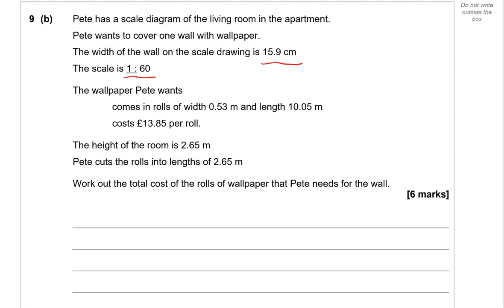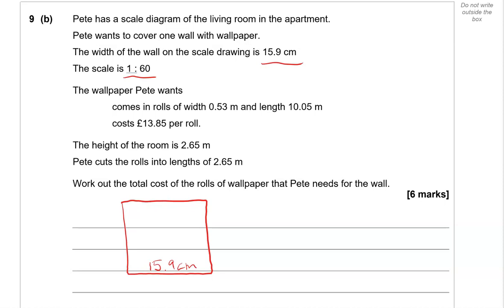So we're looking at one wall. The width is 15.9 centimeters. That is on paper, on the scale drawing. And the scale is 1 to 60.